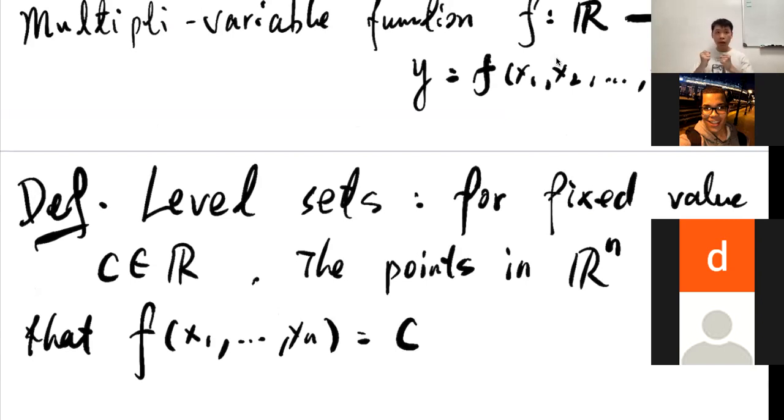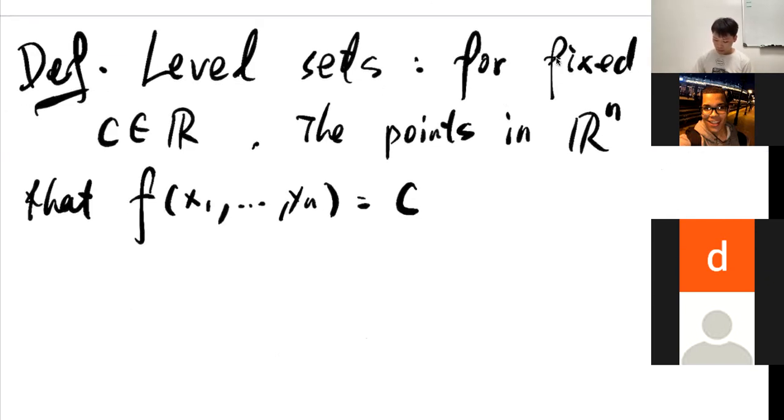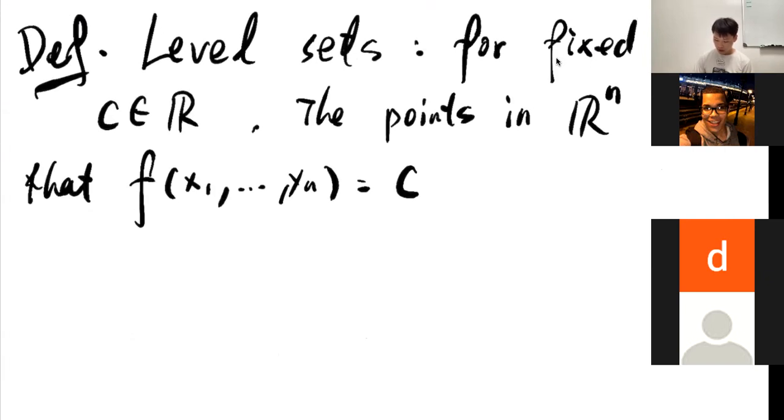So that means, because your function f is continuous, your level set must be a closed curve or closed surface in Rn, because it's a closed subset. So one of the properties is that this level set is a closed subset in Rn.